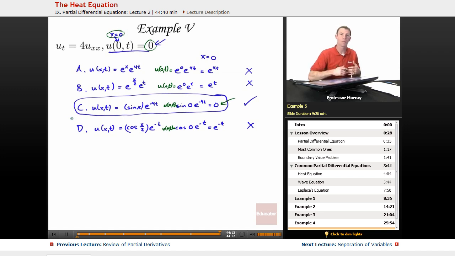So hopefully you can interpret each one of those, you know what each one of them means, and in the next few lectures we're going to learn about separation of variables, and we're going to learn about Fourier series, and we'll actually learn how to put all that together and solve the heat equation.